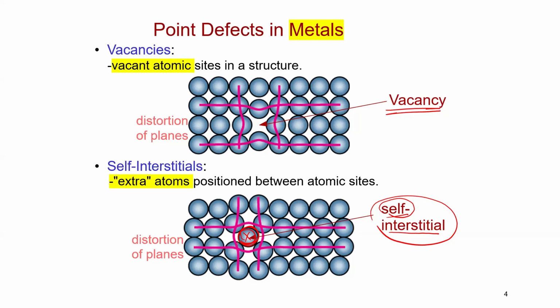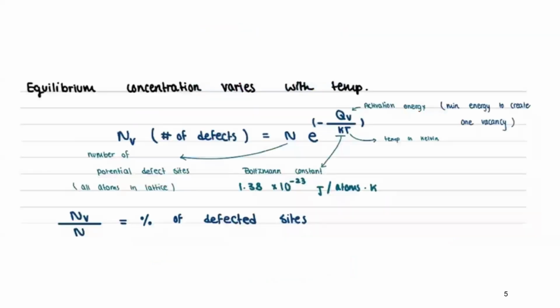For the time being, we can say there is an additional magnesium atom in the magnesium solid. That will be a self-interstitial defect. It makes the planes dislocate. See, it's pushing away, but here it is pushing towards the vacancy. So it makes a distortion of planes, in both cases, vacancy or self-interstitial defect.